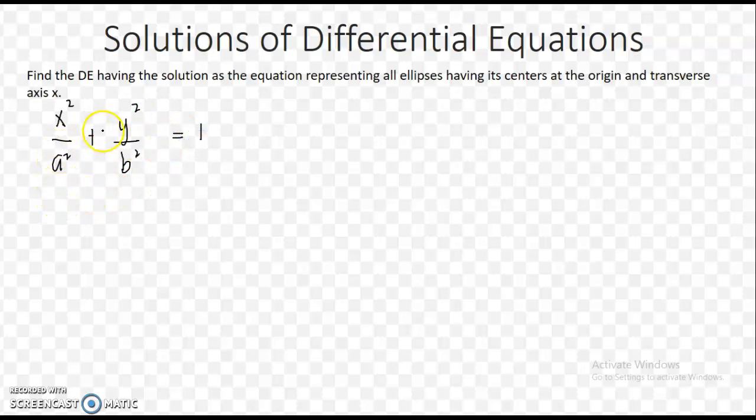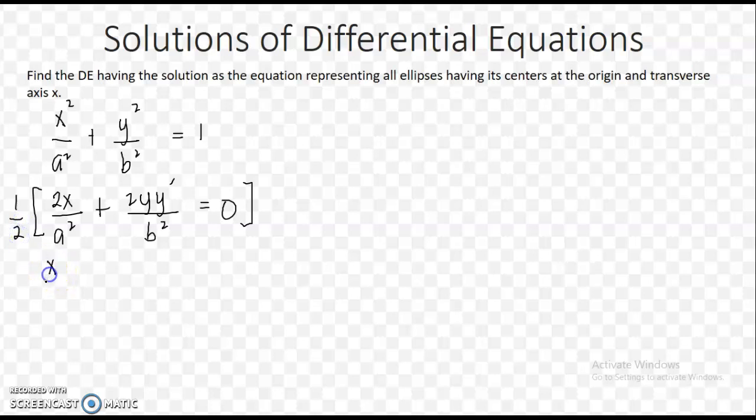Differentiate, we have 2x over a squared. Remember that a and b are arbitrary constants. Plus 2y y prime over b squared equal to 0. Then, divide both members by 2.